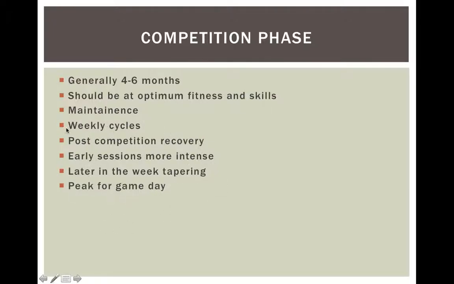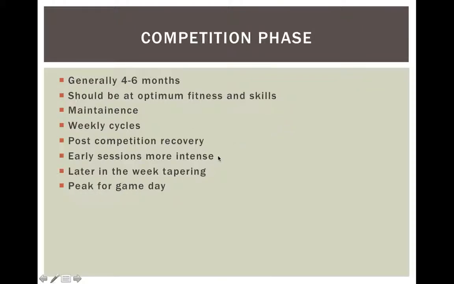So if we look at an AFL club, I use AFL as an example a lot, but that's just because in our country, it's the sport that has the most money behind it. Okay? So a general weekly cycle would be, let's say AFL club plays on a Saturday. They then go into post-competition recovery. In other words, Saturday night, Sunday morning, they do recovery. Right?